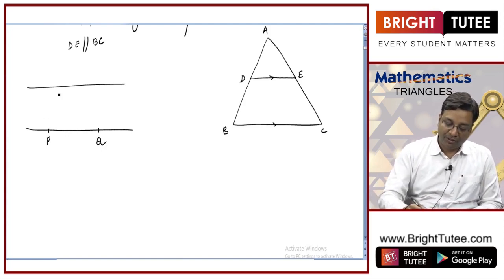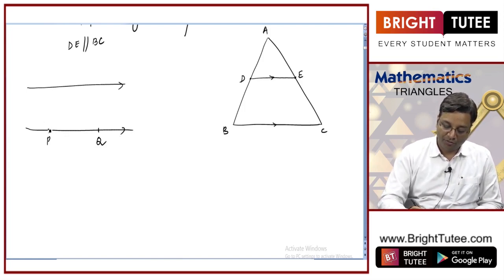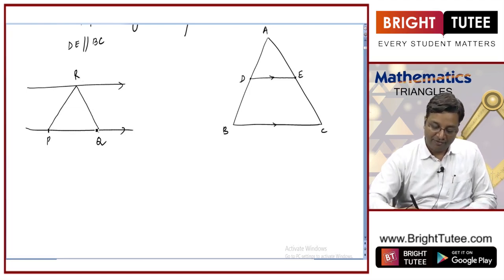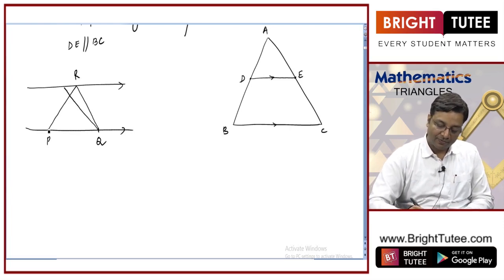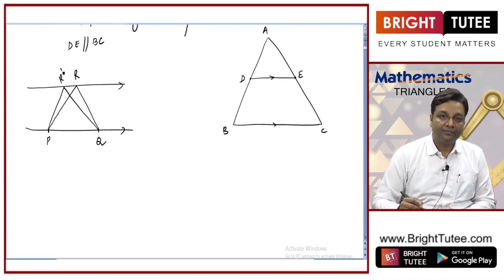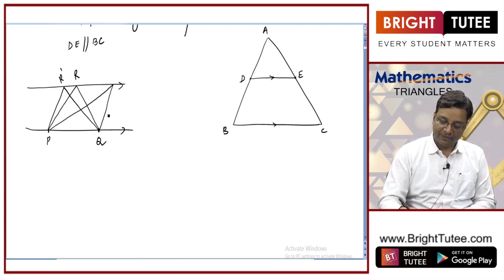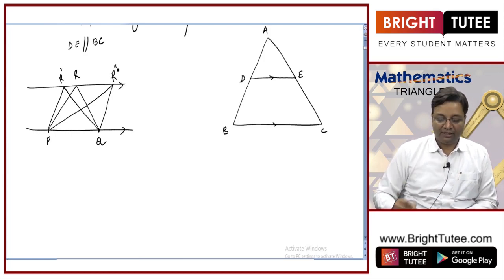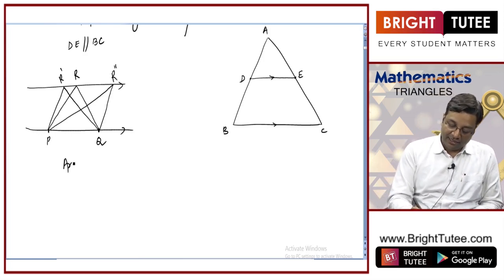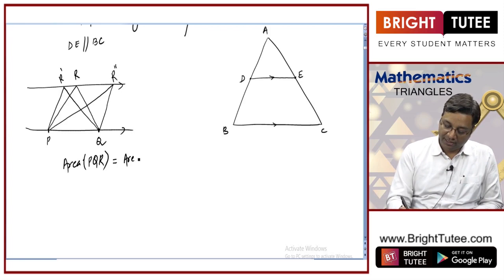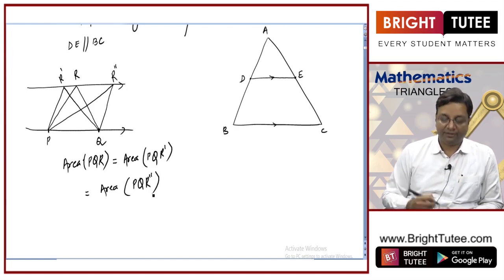If using the base PQ and between these two parallel lines you make a triangle PQR, and having the same base you make another triangle PQR dash, having the same base you make a third triangle here, let us say PQR double dash, then the area of triangle PQR will be equal to the area of triangle PQR dash, and it will be equal to the area of triangle PQR double dash.